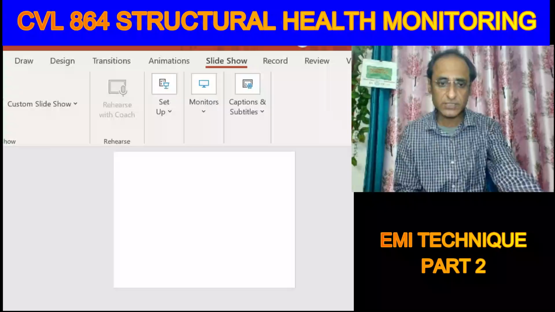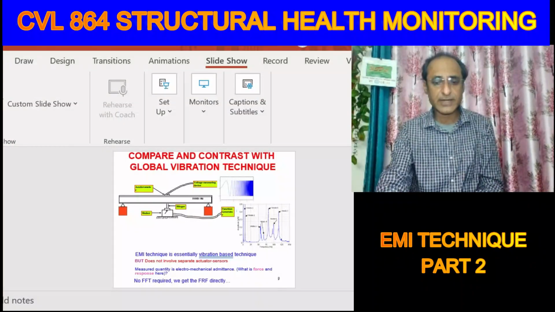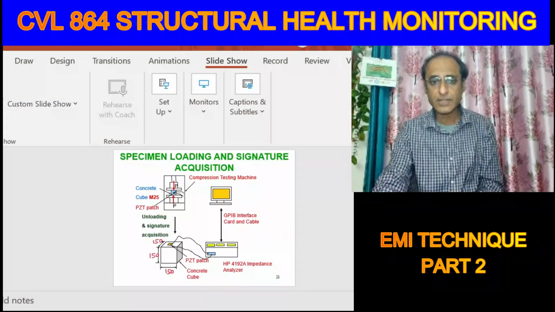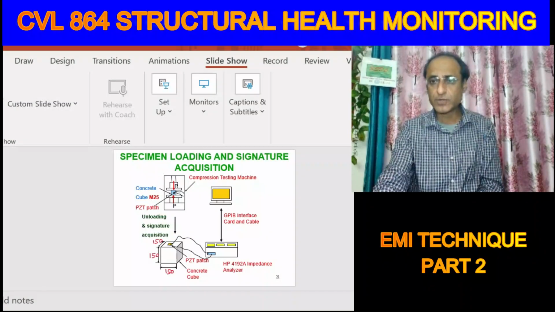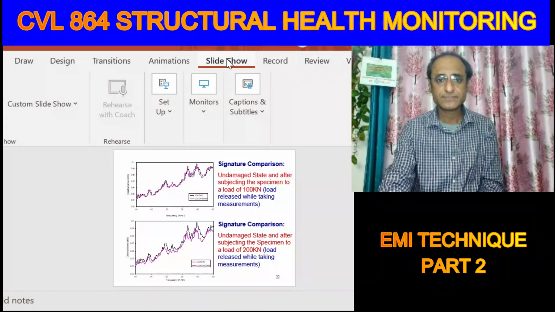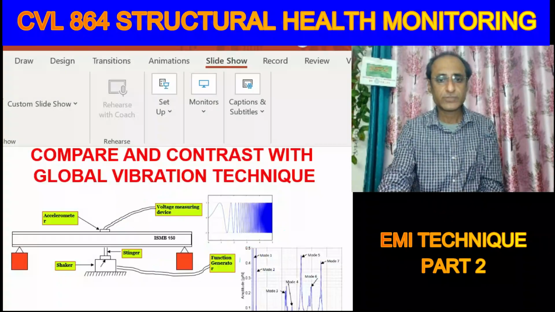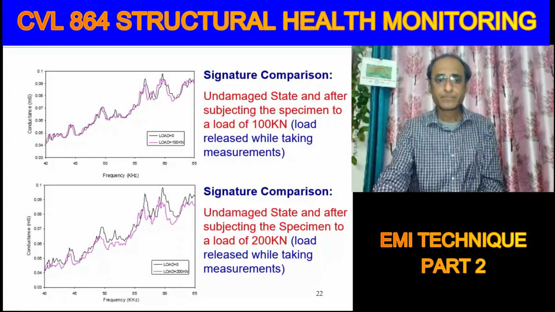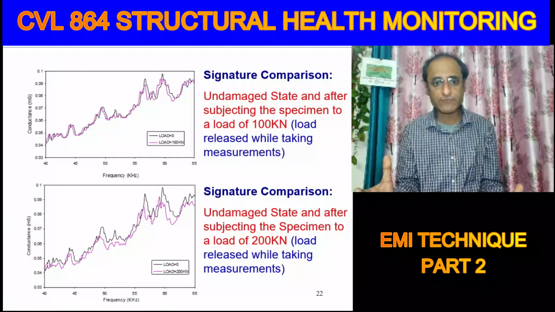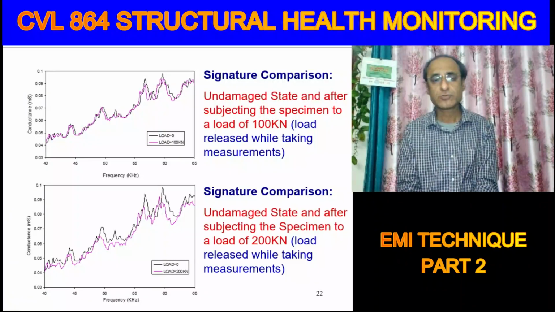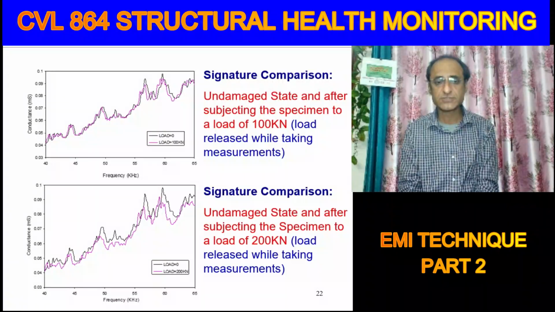After this we had described two case studies, one involving concrete. I hope you recall that. What we find is that when the damage occurs, because in the case of concrete the first phase of damage is in the form of micro cracks, the signatures do undergo change.